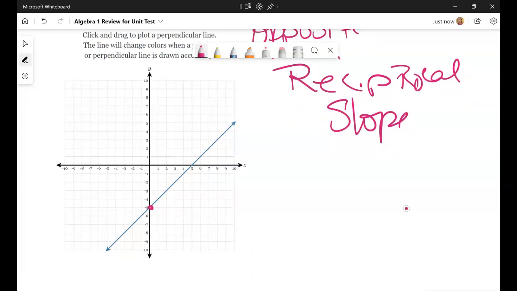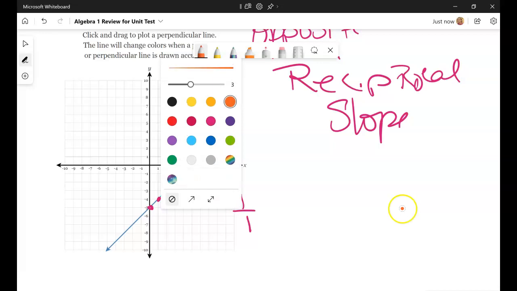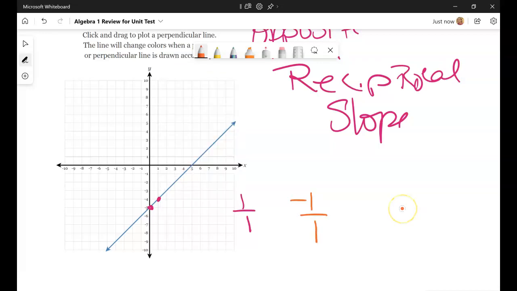So I'm going to start here and go here. What's it look like? Up 1 over 1. What is your opposite reciprocal slope going to be? Negative 1 over 1. When you turn 1 over 1 upside down, it's still 1 over 1, but now we got to put a negative on there. So we got our slope. Give me a y-intercept. Negative 5.